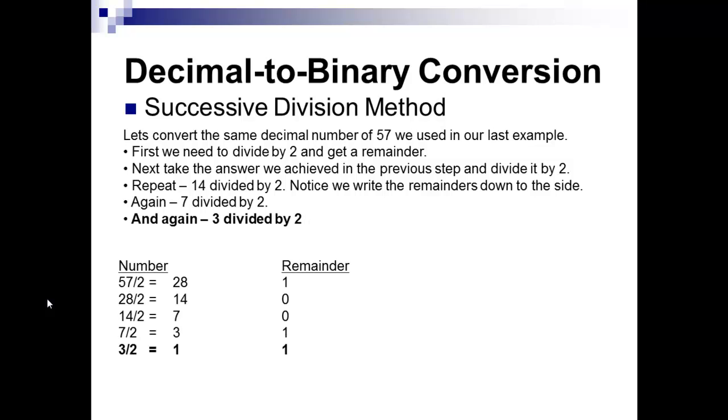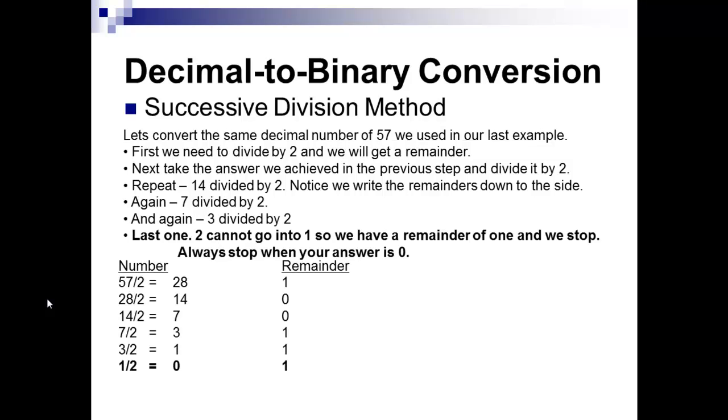Pull the 3 down. 3 divided by 2 equals 1 with a remainder of 1, 1.5. So it's a remainder of 1. And now pull the 1 down, and you're left with 1 divided by 2, which is actually 0.5. But once your whole number there equals 0, stop. There is no more to do. That 0.5 tells you there's still a remainder.